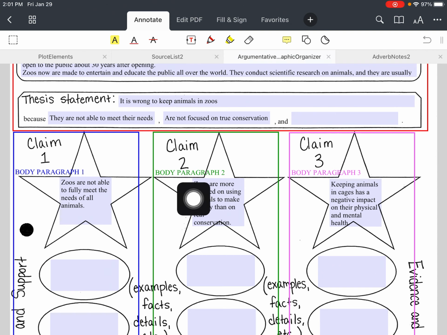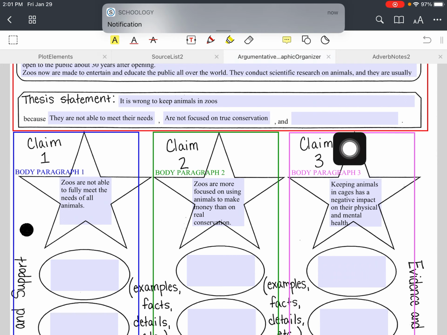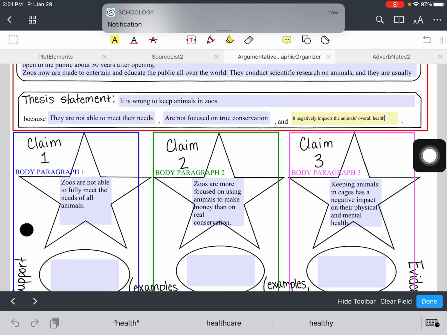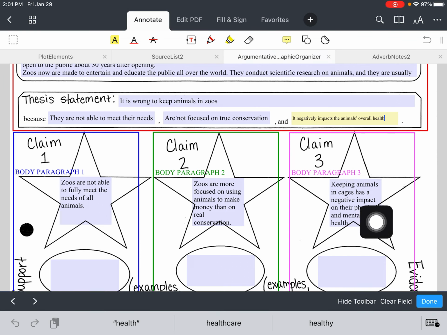My claim 2 is zoos are more focused on using animals to make money than on real conservation. I said are not focused on true conservation, comma, and my last one, my claim 3, is keeping animals in cages has a negative impact on their physical and mental health. I said it negatively impacts the animal's overall health.